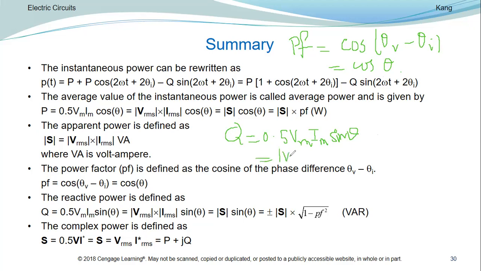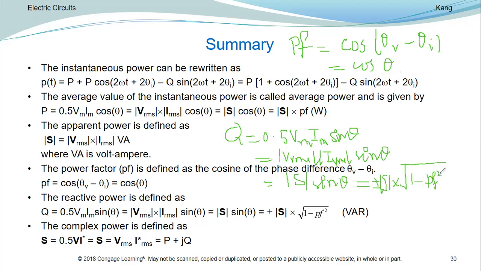So it will be VRMS into IRMS sine of theta. So this will be S sine theta. So it will be plus or minus the absolute value of the complex number S times the square root of 1 minus PF square. So this is the value of reactive power of our system.